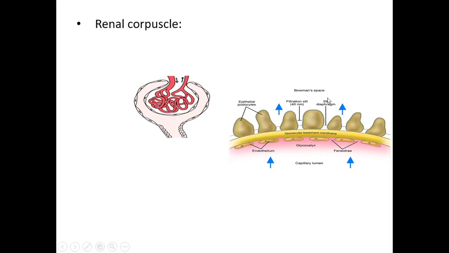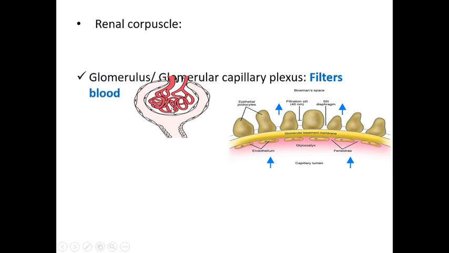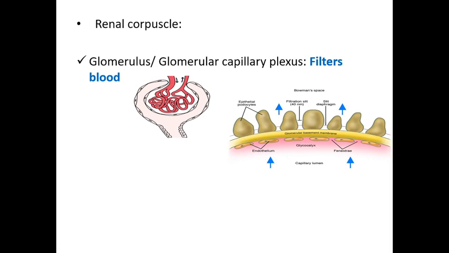So these are the filtration slits through which the blood gets filtered across this filtration membrane into the Bowman's space. So the function of the glomerulus or the glomerular capillary plexus therefore is to filter blood. So filtration of blood is the first step in urine formation.